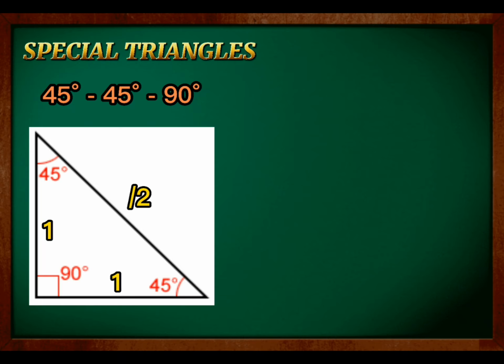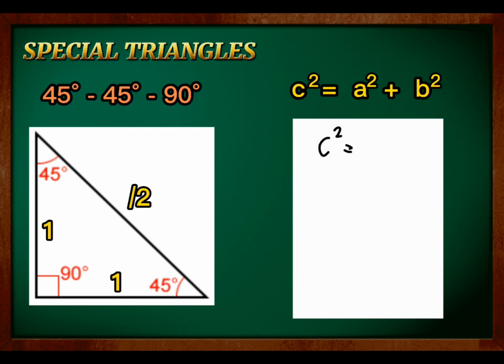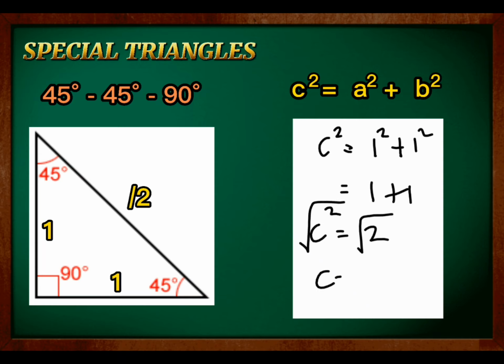Let's prove by using the Pythagorean theorem, c squared equals a squared plus b squared. That's c squared equals 1 squared plus 1 squared. So c squared equals 2, and taking the square root, c is square root of 2.